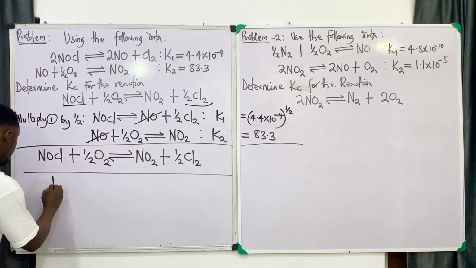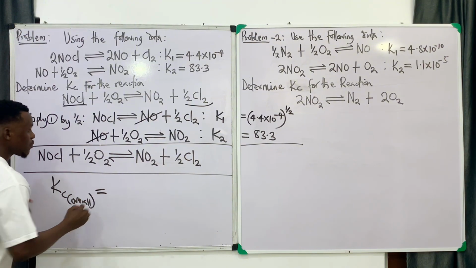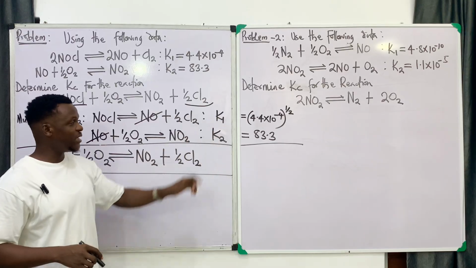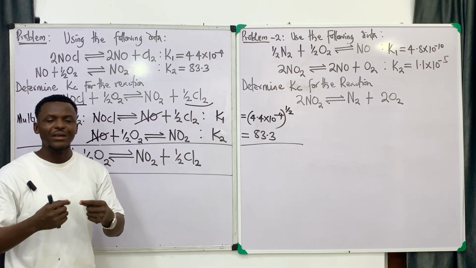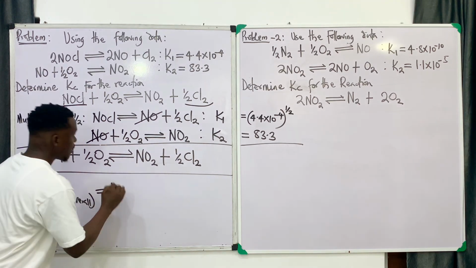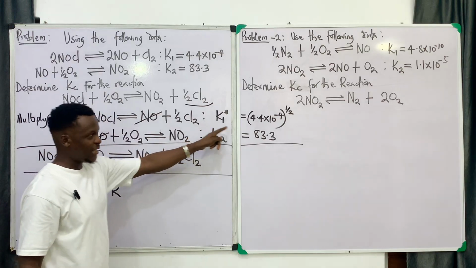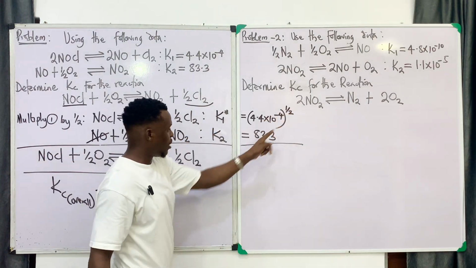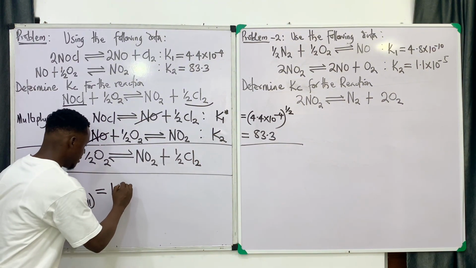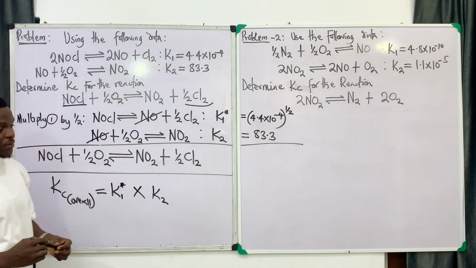So we'll say Kc overall will be the multiplication of the equilibrium constants of these individual reactions after rearrangement has been carried out. So this is going to be this K1. Let's put asterisk here because we did something to this equation. That is, we raised this by half. However, this one we did not do anything, so there's no asterisk. So we say K1 asterisk times K2. We are multiplying, not addition.